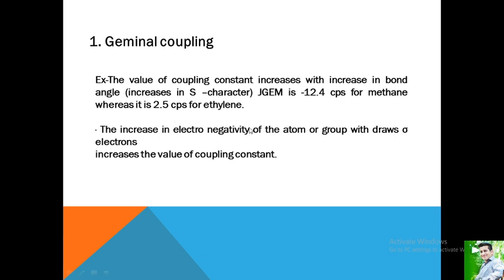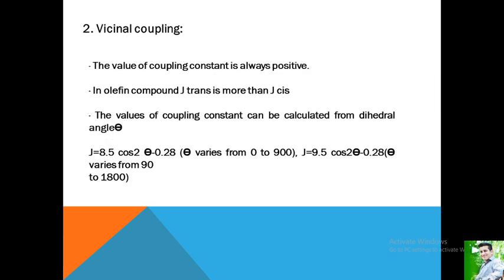So the increase in electronegativity of the atom or group that withdraws the sigma electron increases the value of the coupling constant. The next point is vicinal coupling, which is our second point in the coupling section. For vicinal protons, the value of the coupling constant varies with the dihedral angle.